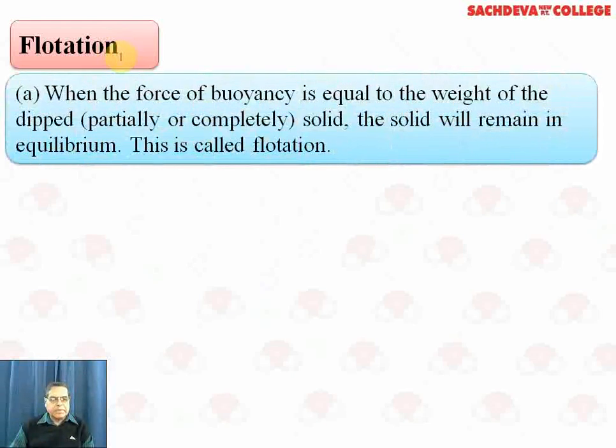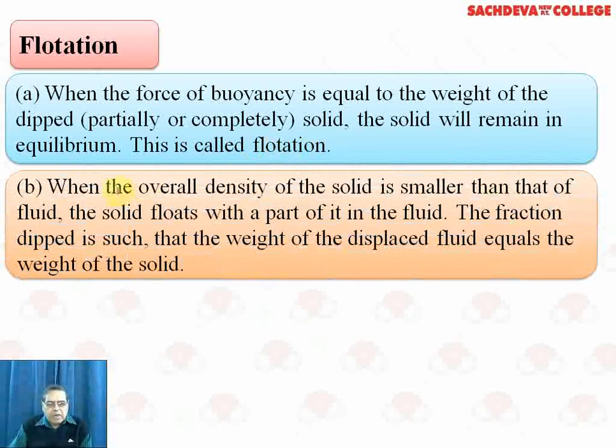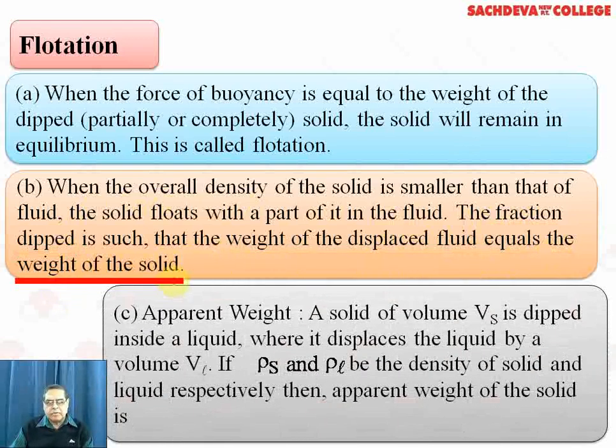So the main concept is when the force of buoyancy is equal to the weight of the dipped, partially or completely, solid, the solid will remain in the equilibrium position. This is called flotation. When the overall density of the solid is smaller than that of the fluid, the solid floats with a part of it in the liquid. The fraction dipped in is such that the weight of the displaced liquid equals the weight of the solid.